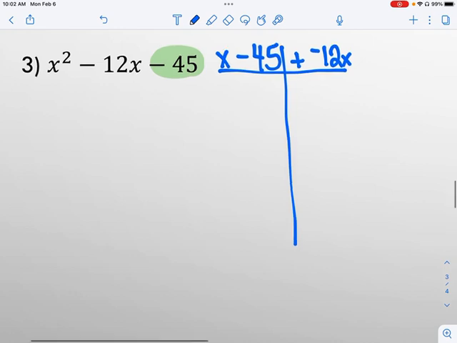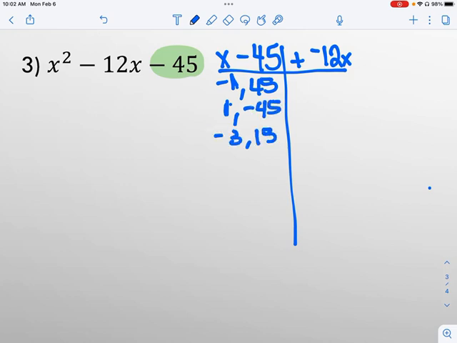I've got 1 and 45, so negative 1 and 45, or 1 and negative 45. I have negative 3 and 15, or 3 and negative 15. I have negative 5 and 9, or 5 and negative 9.